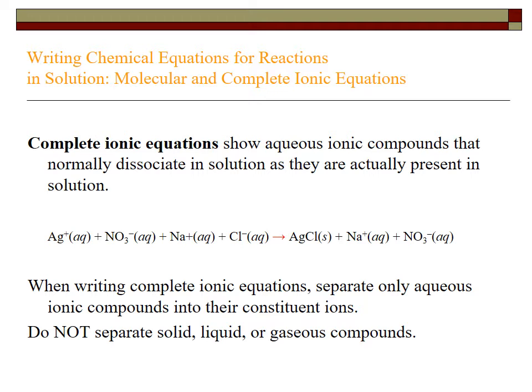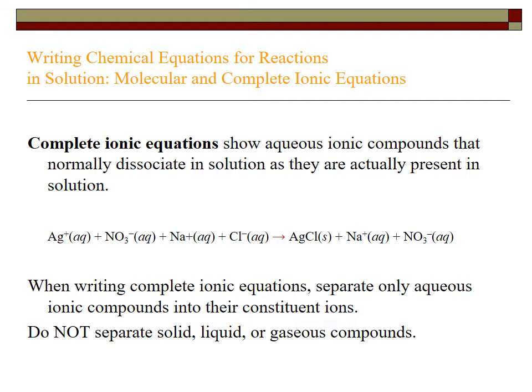So when we look at this chemical equation, I take the aqueous ones and break them all apart into their ions, and I leave any that has an S, an L, or a G, so that it stays together because it doesn't break apart into its ions. In other words, it's insoluble in water, so we're not going to have the ions. We're just going to have that salt in water.